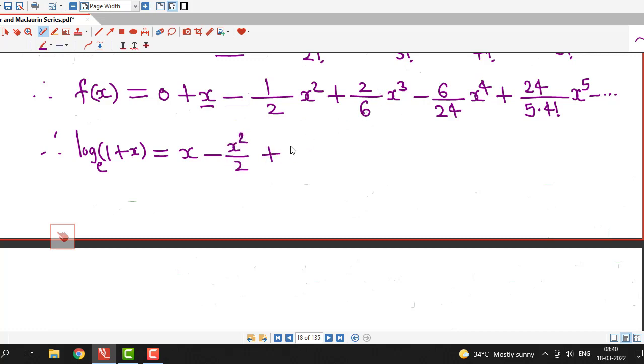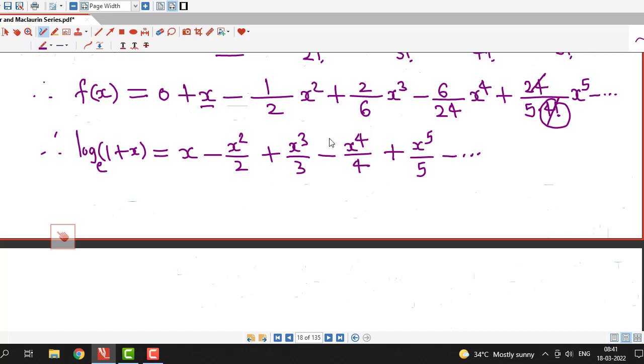Here 2 will cancel out and we have x cube by 3. Here 6 will cancel out and we have x raised to 4 by 4 plus, and 4 factorial is 24, that will cancel out with this 24 and we obtain this Maclaurin series of log 1 plus x.